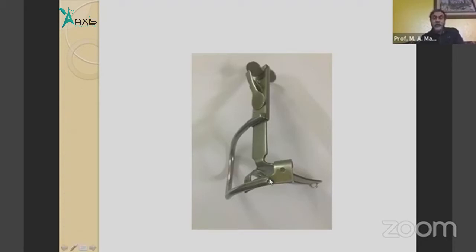This part retracts the upper jaw and the tongue blade retracts the lower jaw, making the mouth open wide for operations in the oropharynx or oral cavity. So these are the parts of the Boyle-Davis mouth gag with tongue blades. We have different sizes of tongue blades.